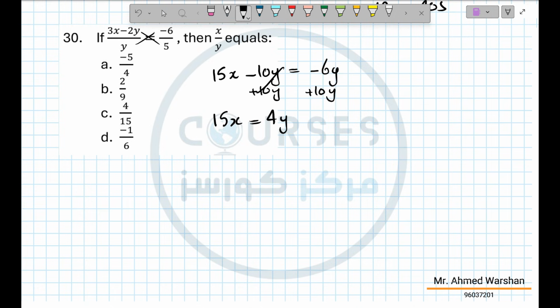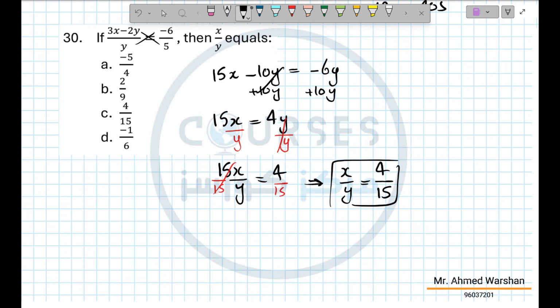We need x divided by y, so let's divide by y. You're going to have 15x over y equals 4. I still need to cancel this 15, so let's divide by 15. So we end up with x over y equals 4 over 15. And that's our answer.